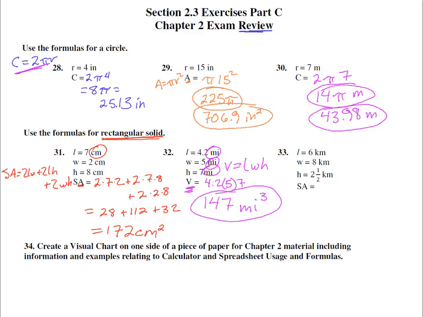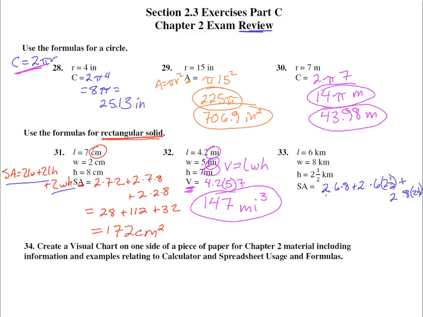We have length, width, height. We're trying to find surface area. Oh, we get to use the same formula that we had back in number 31. So the surface area is going to be 2 times 6 times 8 plus 2 times 6 times 2.5 plus 2 times 8 times 2.5.